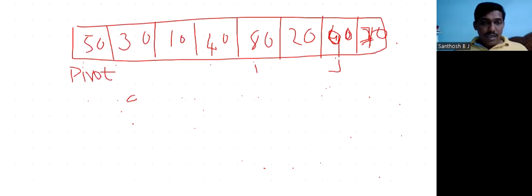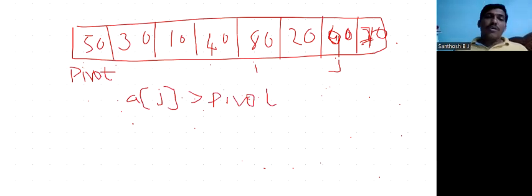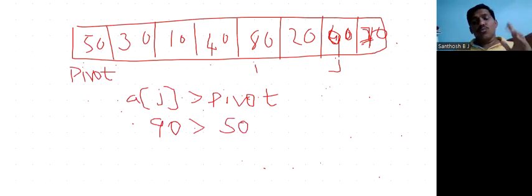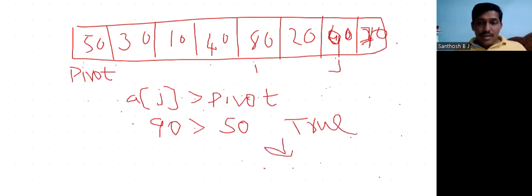A of J is greater than pivot. This is the condition: A of J is greater than pivot. What is the value of J? So J is 90 now, which is greater than 50. Yes, the condition is satisfied. The condition is true. The J value is 90 and the pivot value is 50. If the condition is true in J, you decrement J. Okay. If the condition is true, decrement J.